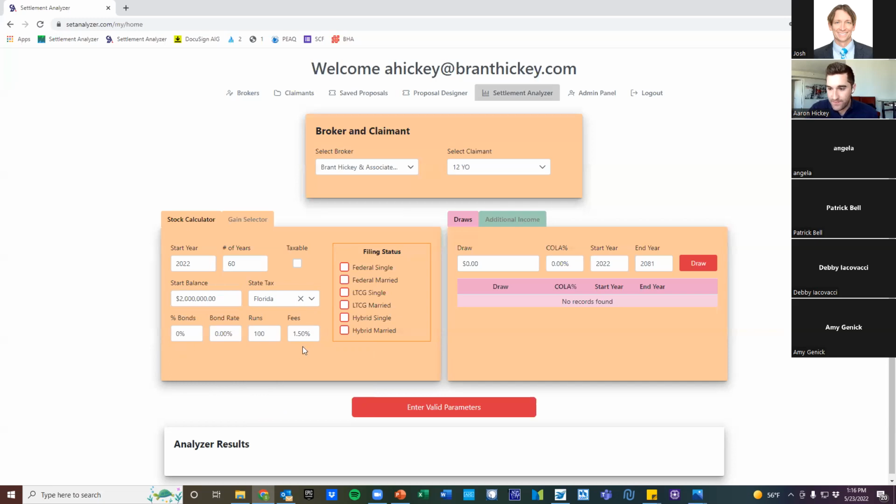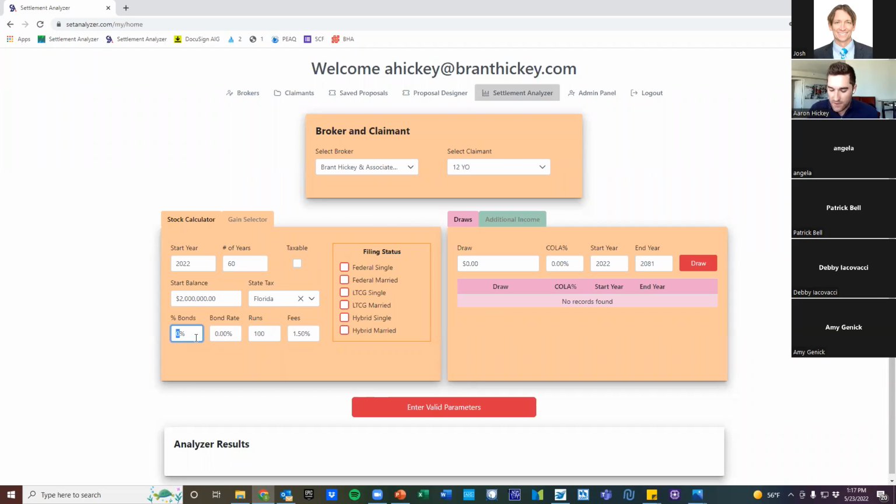Moving down to the bottom, this is where we get into a little more of the specifics of how the account is going to function. So the first one here is percent bonds. As most of you know, in a typical model portfolio, your investments are split between a stock and a bond investment.